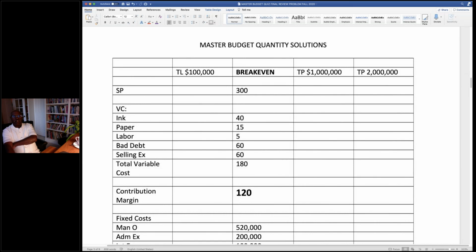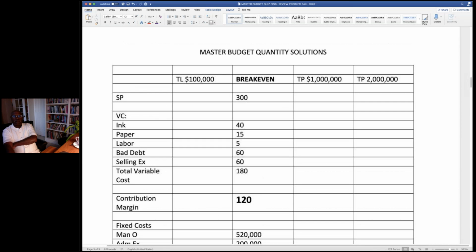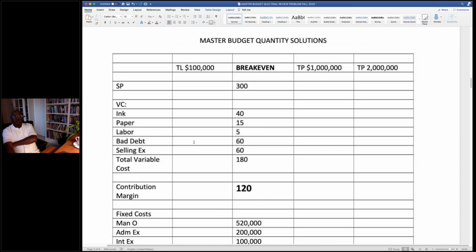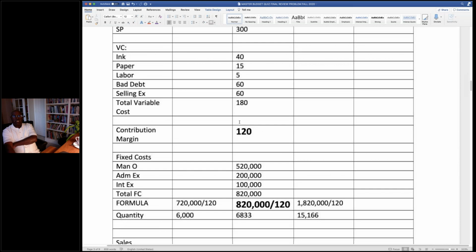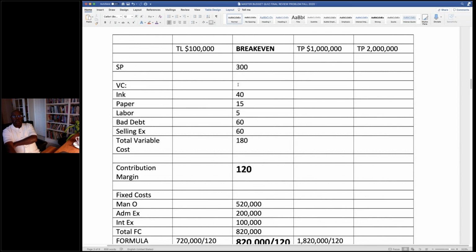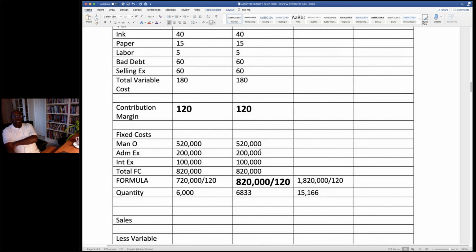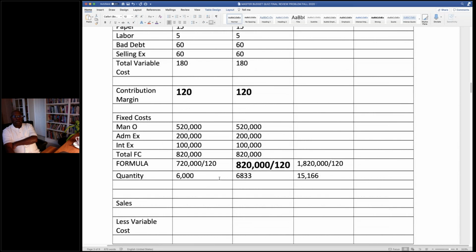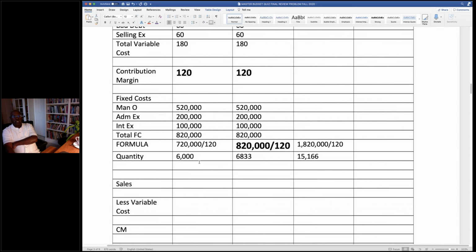With your X's, you put those in here. And of course, all these numbers would be the same. So if I copy these to here, everything's the same except the formula. So that's the first step.